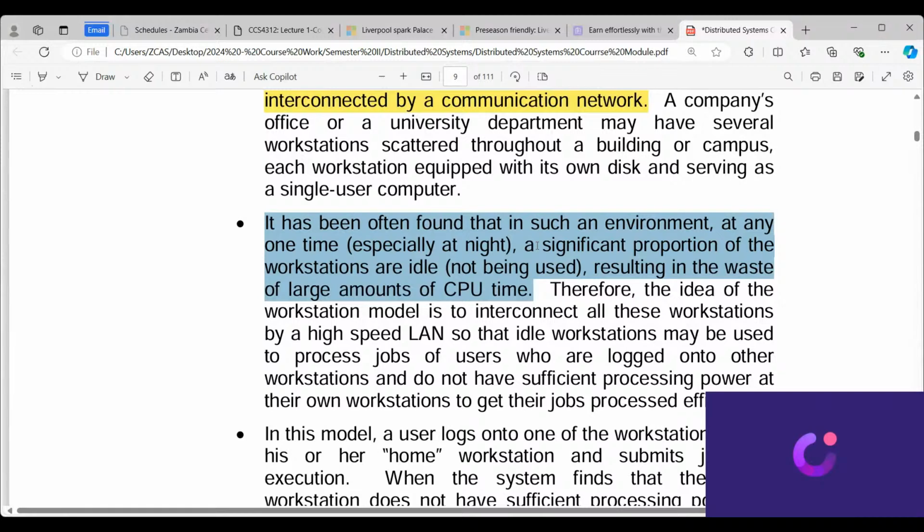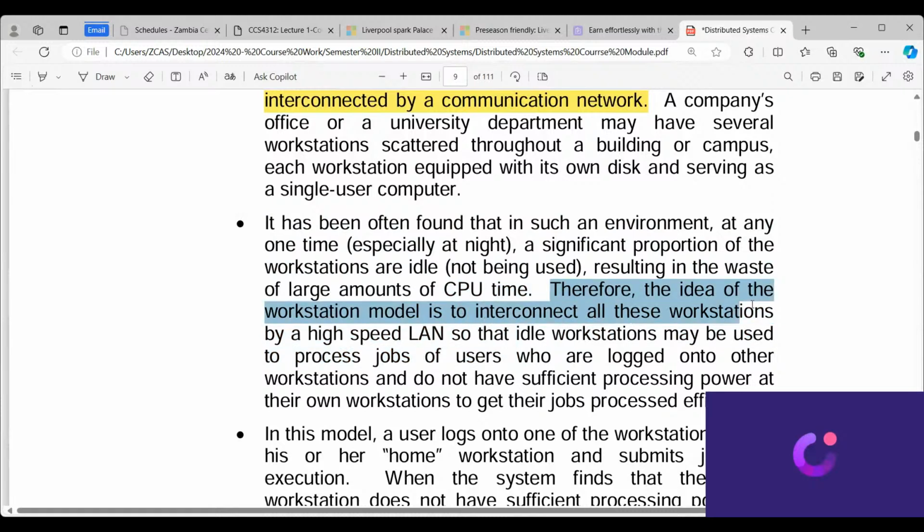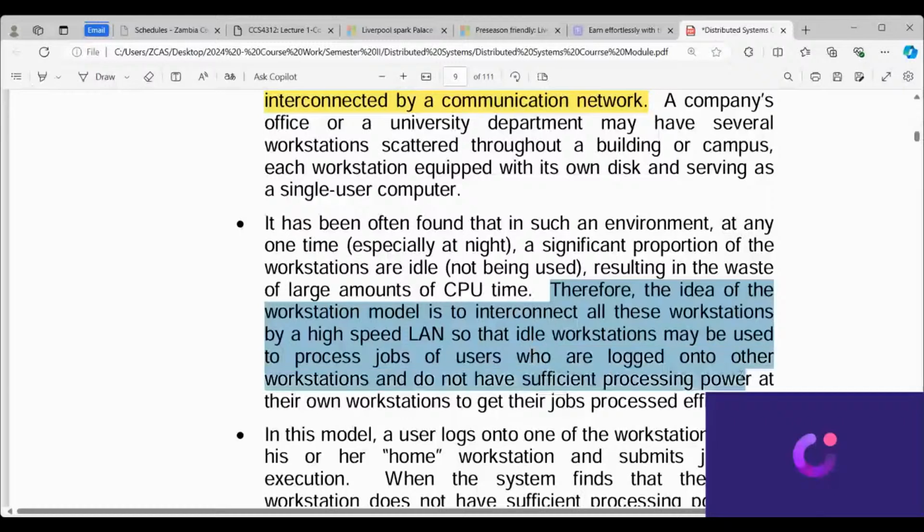As a result, we have a lot of wastage in terms of CPU time. So therefore, the idea of the workstation model is to interconnect all these workstations by a high-speed local area network, so that idle workstations may be used to process jobs of other users who do not have sufficient processing power at their own workstation to get their job processed efficiently.